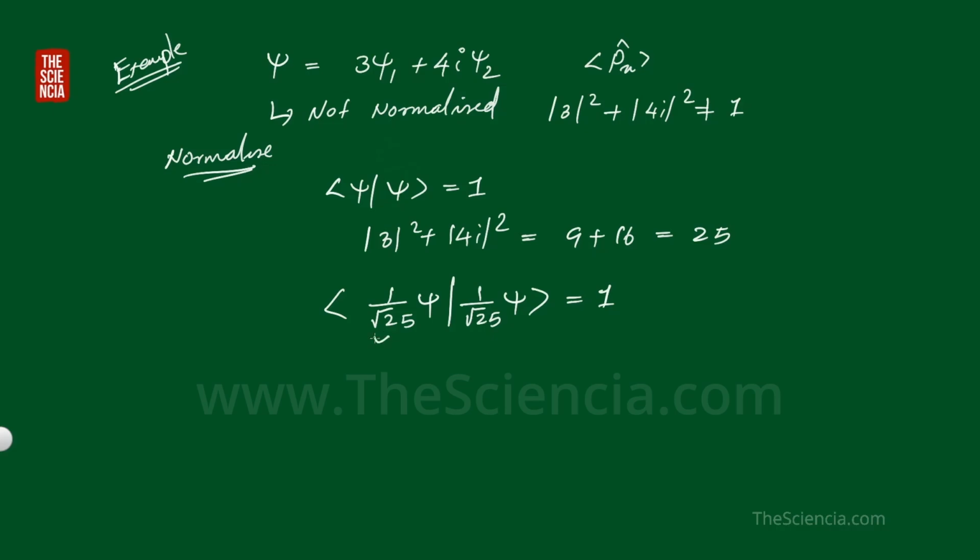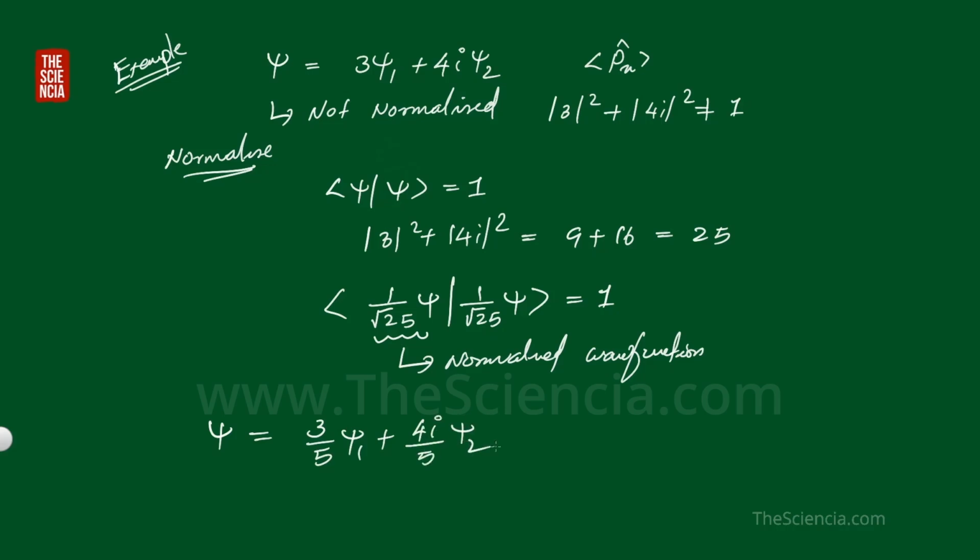Okay, so this is the normalized wave function. Therefore, the normalized wave function psi will be equal to 3 by 5 psi 1 plus 4i by 5 psi 2.